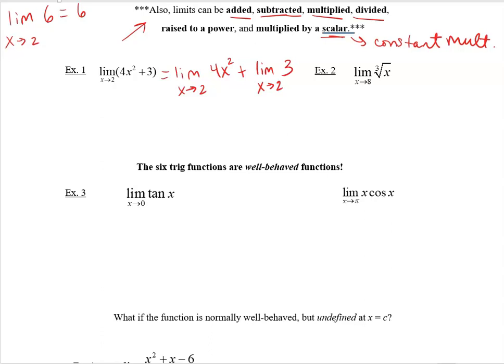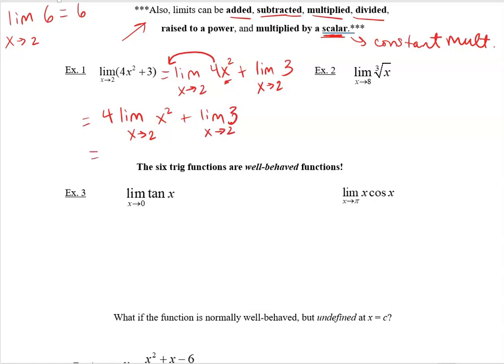And then 4 is what we mean by a scalar, so I can bring that scalar to the front and I can write that as 4 times the limit as x approaches 2 of the function x squared, so that's what remains, plus the limit as x approaches 2 of the function 3.